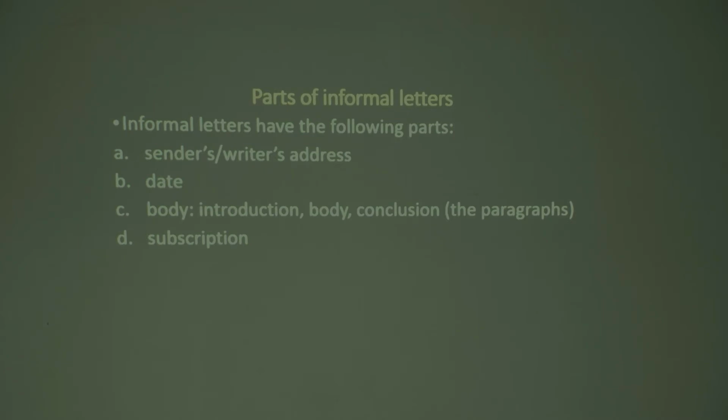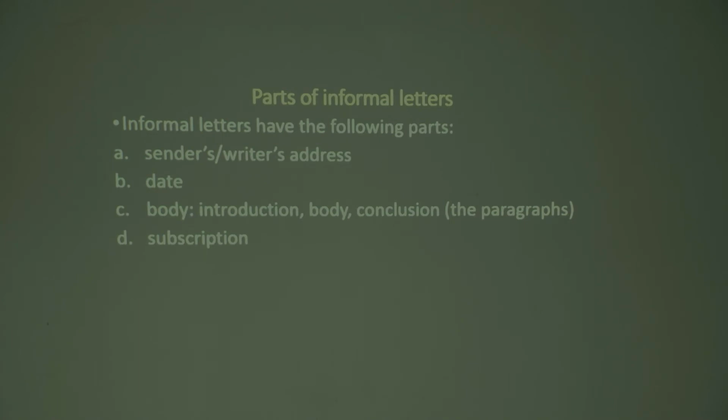So these form parts of informal letters. So 4 parts, basically. Every informal letter is expected to have these parts. So immediately you pick any letter and you see these parts, you know, oh, this one is an informal letter. Right? Good. We shall now see how they are written and where they are written on your sheet of paper.